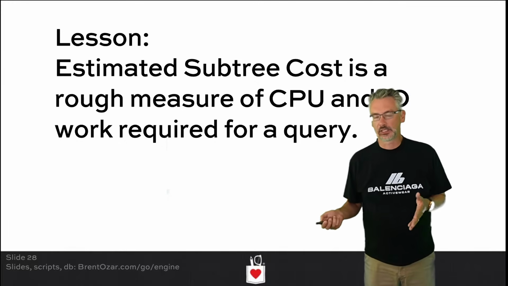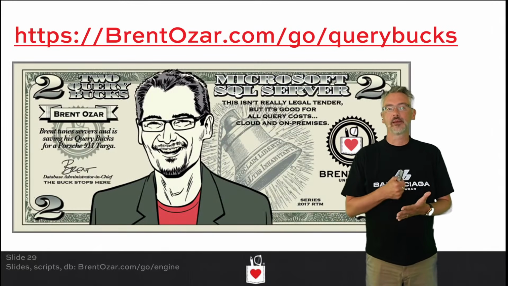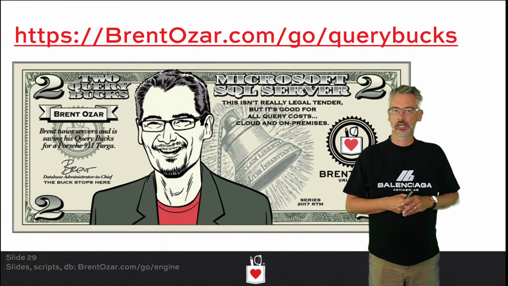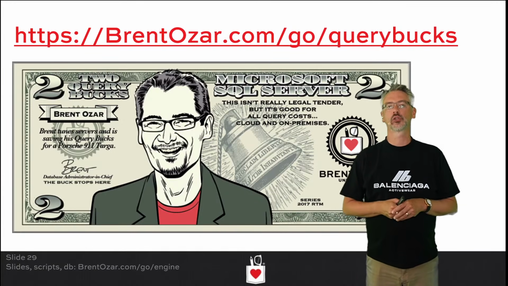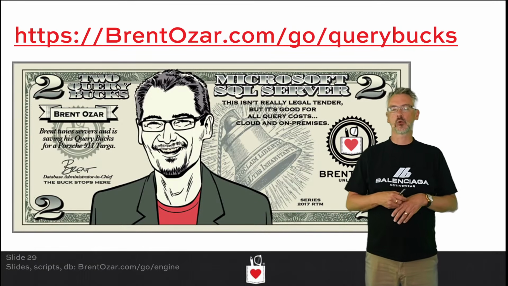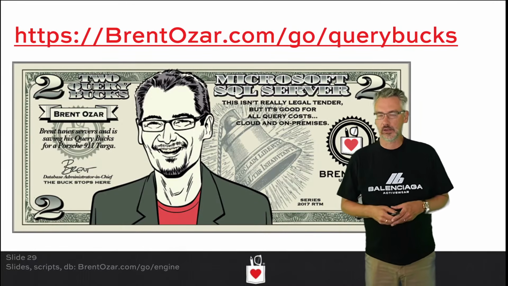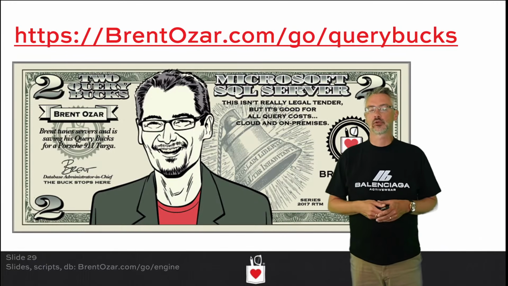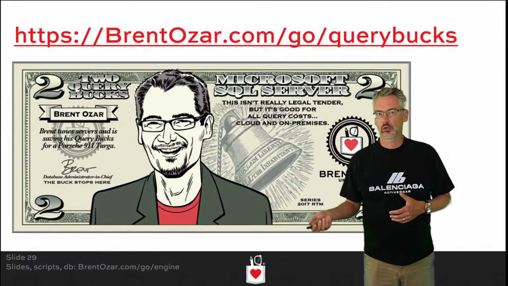It absolutely does not. And to drive that point home, Kendra Little, an active blogger in the community, coined this term called query bucks, the estimated subtree cost of, say, 30 query bucks or 50 query bucks. And so you'll hear me use that all the time, too, when I'm looking at subtree costs, saying this query cost about 100 query bucks.